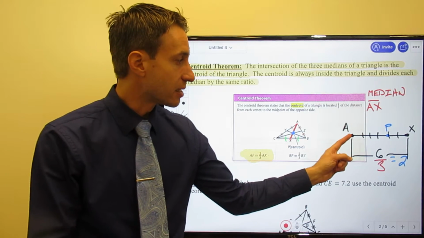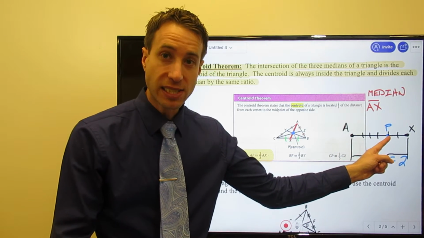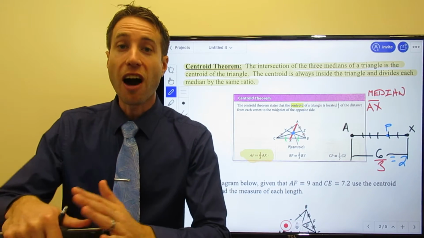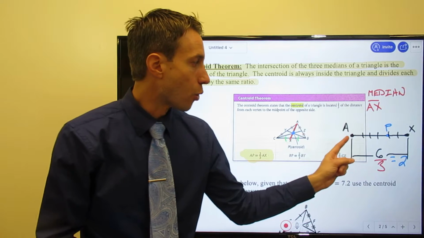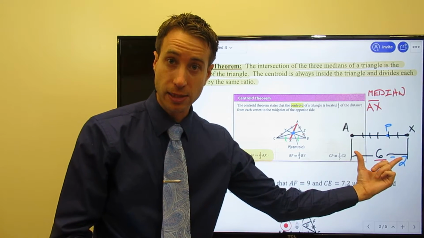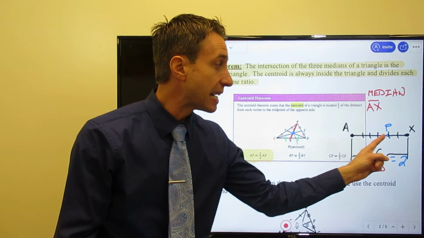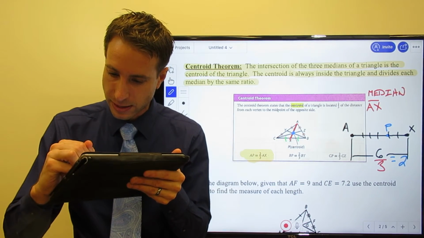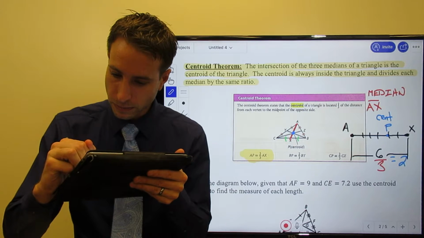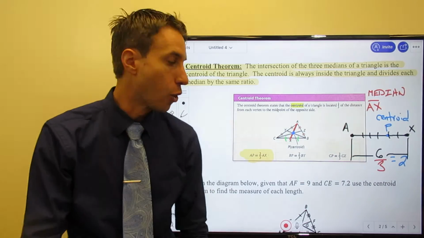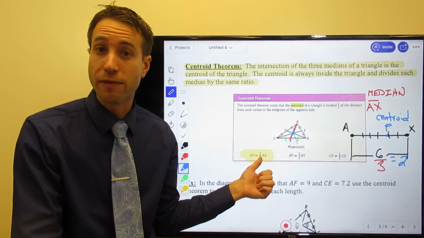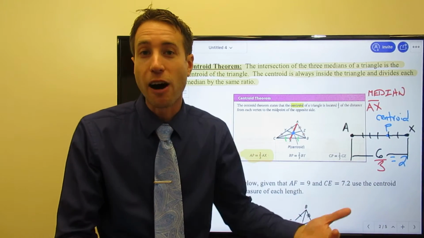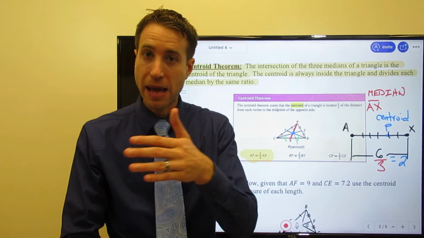Now, the distance from A to the centroid will be 2/3 of the entire distance. From A to X is 6 units. To find the distance from A to P, where P is the centroid, you're going to go 2/3 of the distance. Well, if a third is 2, how far do I have to go to get from A to P?